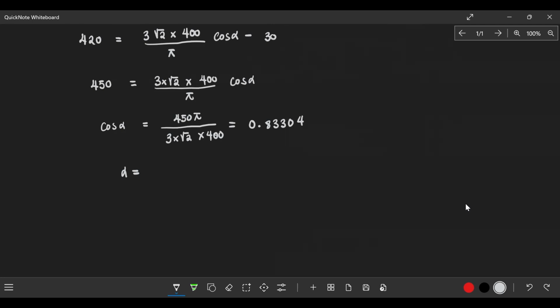So how much is that? I'm getting 33.59 degrees. So this is the firing angle that you need to apply in order to achieve the output voltage of 450 volts as a DC voltage.